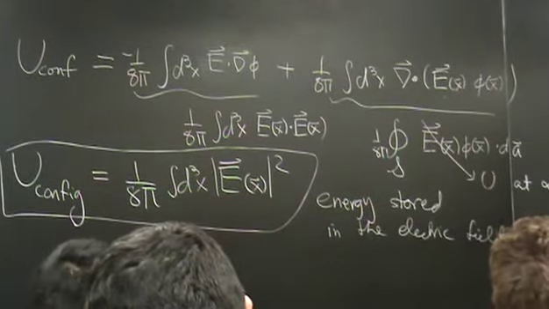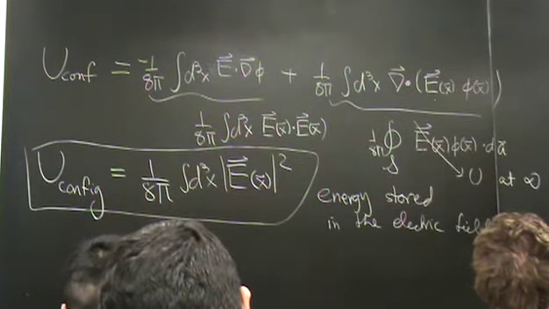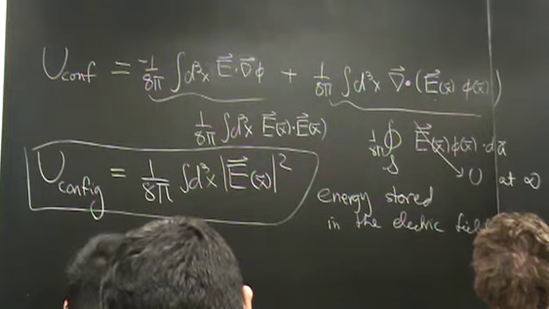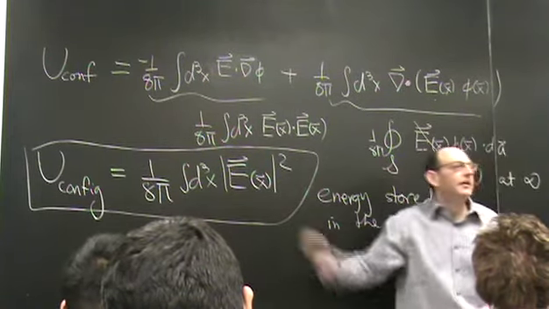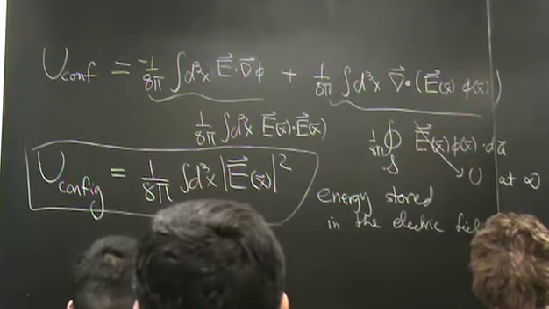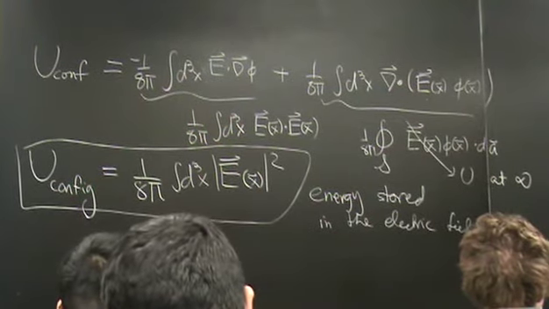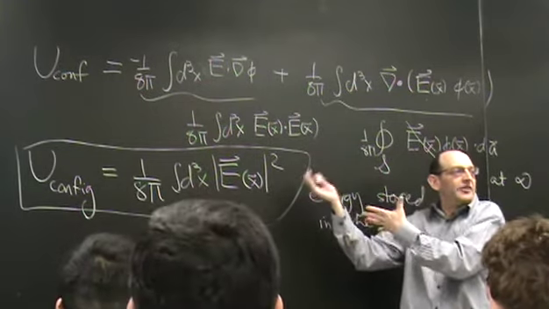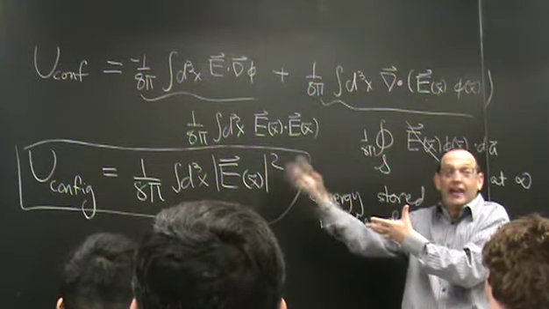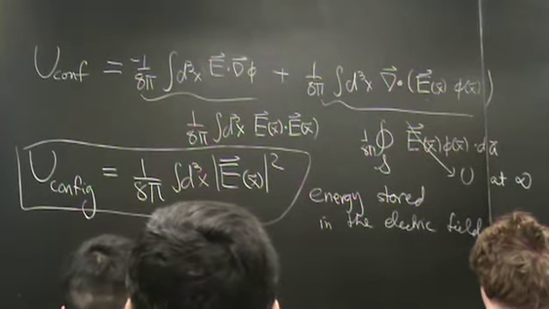So, when I'm pushing those charges together, that potential energy is stored somewhere. It's stored in the field. And the field is thus given a more tangible existence as an entity that's got stuff like energy. We'll see it also as momentum, angular momentum, in some cases.